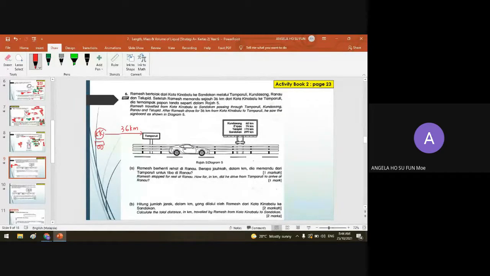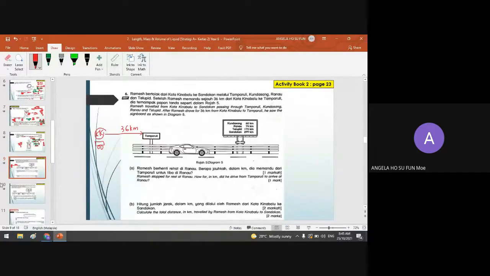From here, look up here. He will be arriving at the next station, Kundasang, in 60 kilometer. If go further to Ranau, 74 kilometer. If go further again to Telupid, you need 170 kilometer. If you reach Sandakan, from Tampaluri, not from KK, KK to Tampaluri is already over, so to Sandakan is still left 299 kilometer.